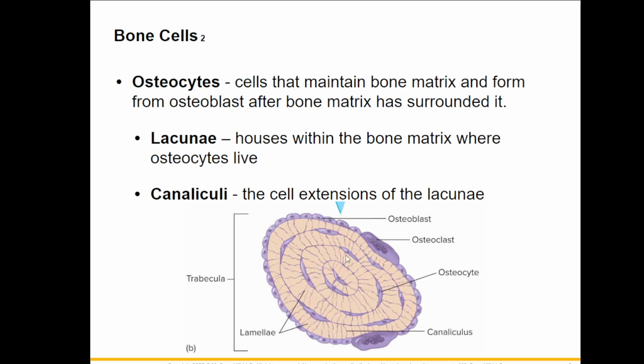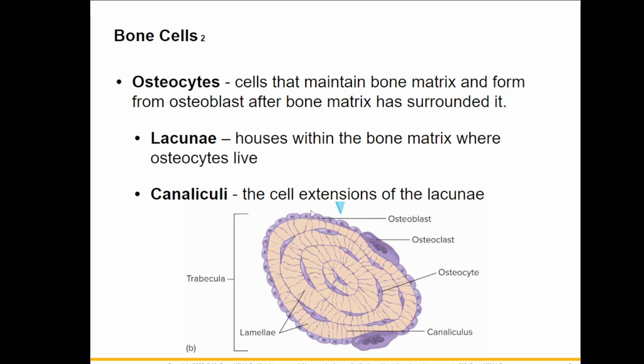But some of them would get trapped inside the bone matrix. And once they get trapped inside, then they are called osteocytes already. And these osteocytes usually live in capsules or in houses called lacunae. Okay, similar to your chondrocytes before, if you still remember from connective tissues.